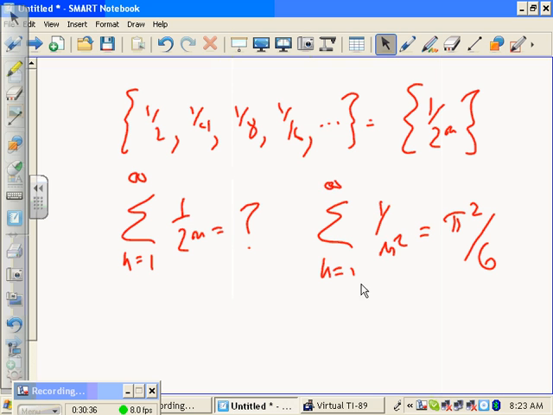There's a $1 million prize for anyone who can prove when 1 over n to the p, where p is complex, converges and what it converges to. You want $1 million? There's a $1 million prize that asks, when does this converge? Not just for 2, 3, 4, 5, 6, 7, 8, does it?